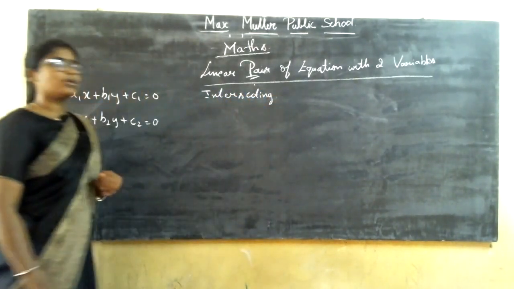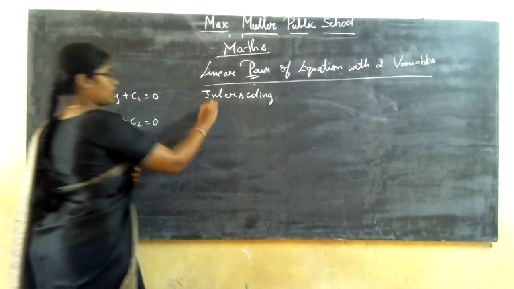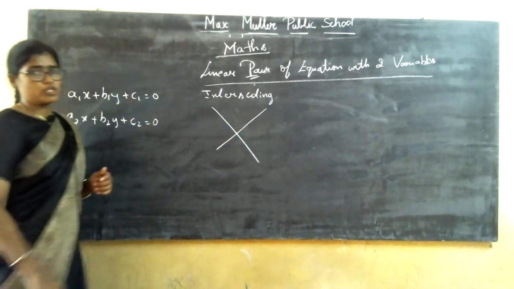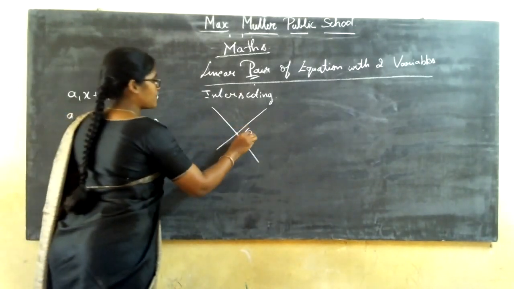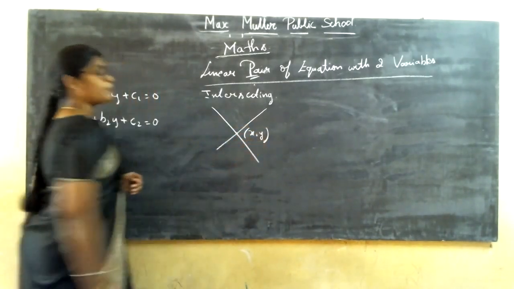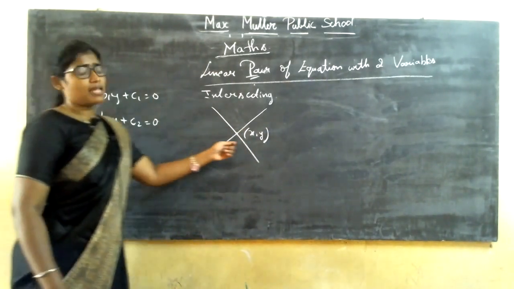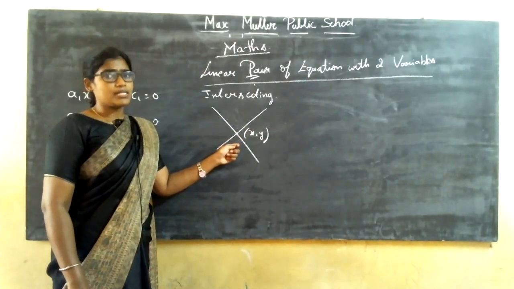In intersecting lines, you will have two lines where the x coordinates and y coordinates both meet at one particular point. Correct? It will be meeting at one particular point, and if it intersects at only one point, it is called intersecting lines.